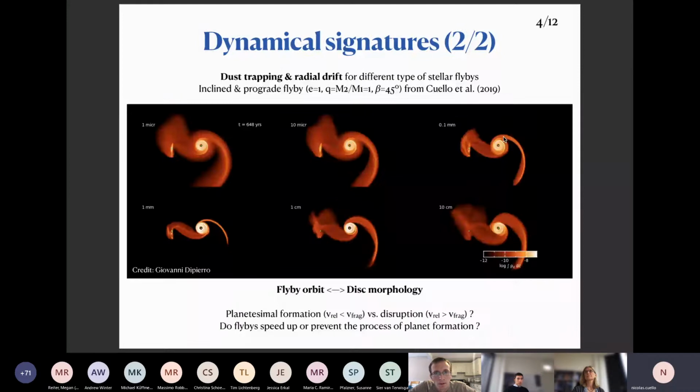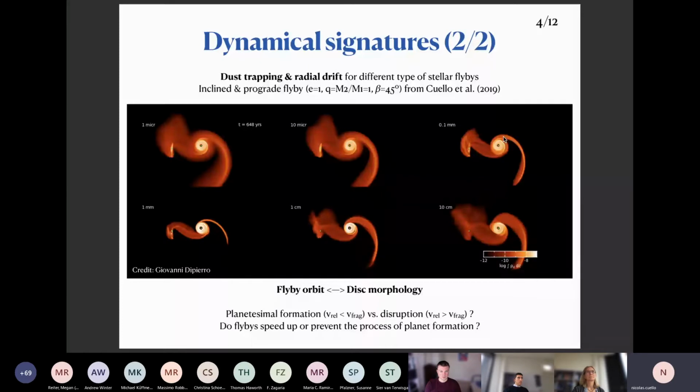And what we did a year ago, mainly with Giovanni Di Pierro, was to check how the dust would be trapped in these asymmetric structures. Here you can see that the dust is trapped in very different ways depending on the degree of coupling with the gas. Here you have from 1 micron to 10 centimeter particles, and you can see, for example, that the 1 millimeter particles are very well trapped inside the spirals, and that we also have an important radial drift.